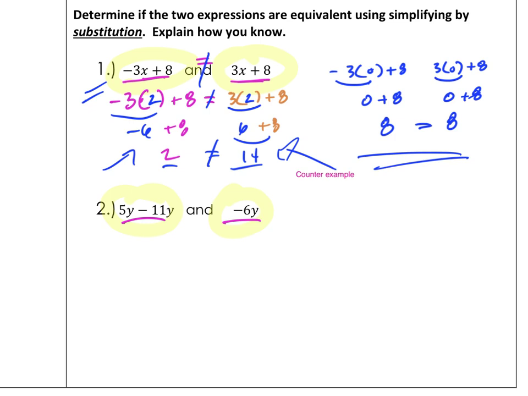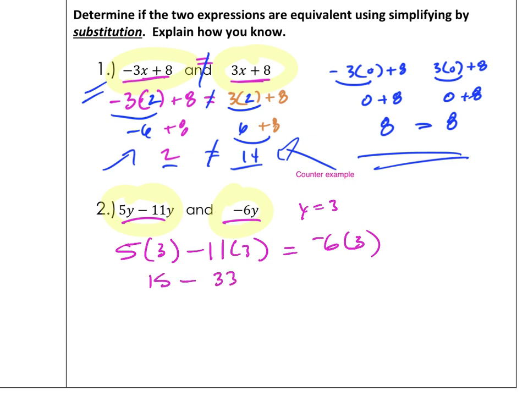So I'm going to pick 3 to be the place of y: 5 times 3, minus 11 times 3. Is that equivalent to negative 6 times 3? I'm saying let y equal 3. Then I'm going to have 15 minus 33, which is negative 18. And over on this side, negative 6 times 3 is negative 18. So these two are equivalent.